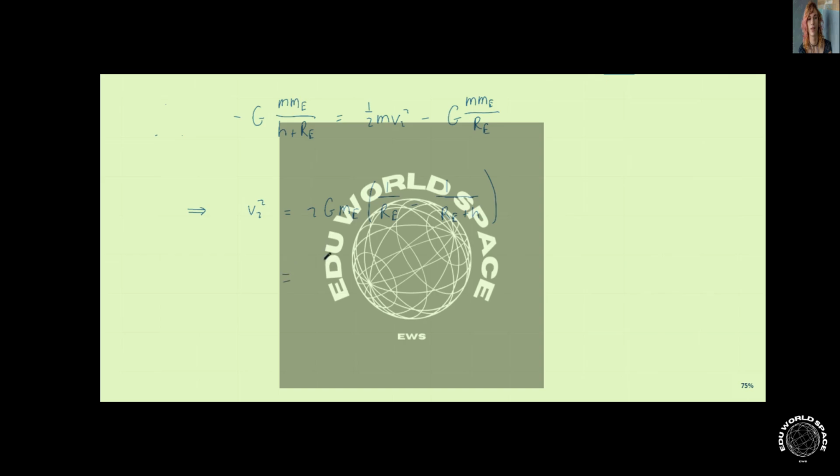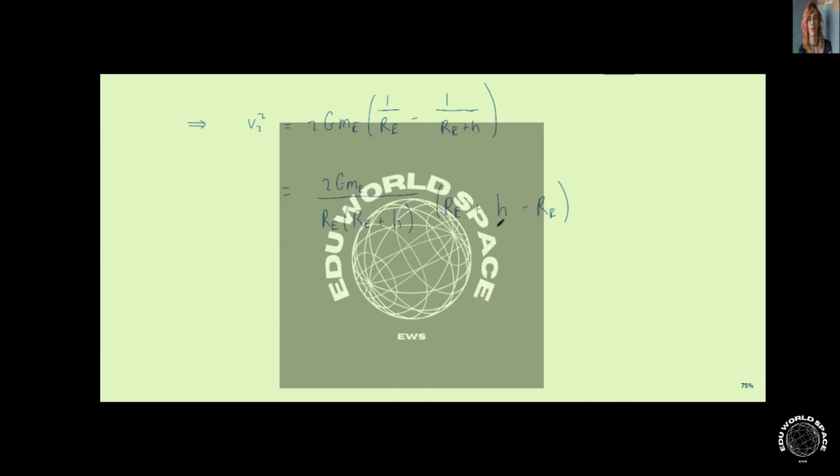And this can be written as 2G times the mass of the Earth, me, divided by re into re plus h, multiplied by re plus h minus re.